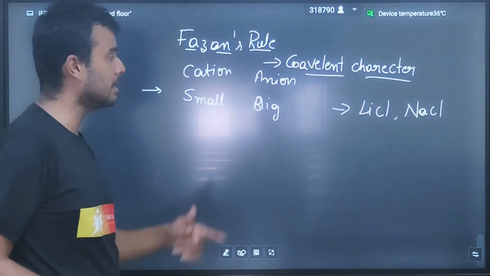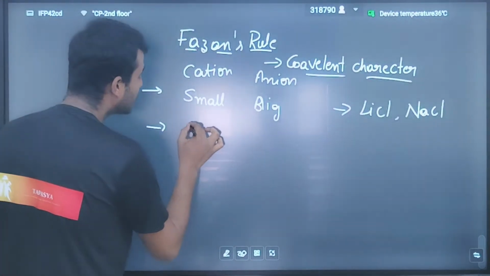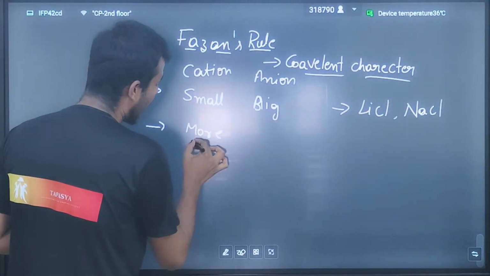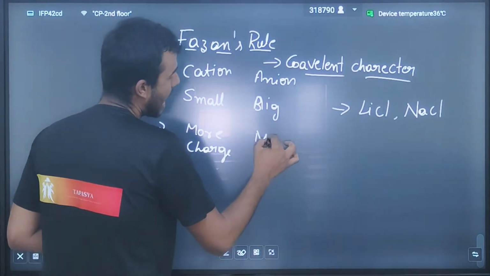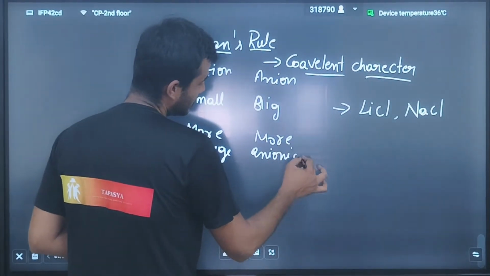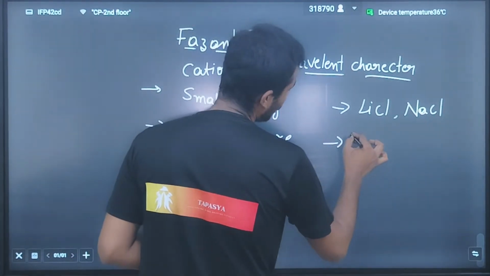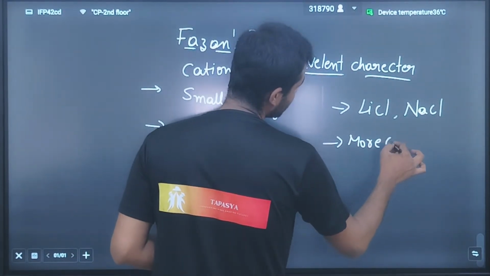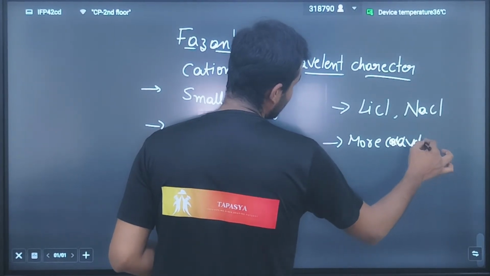Clear? Both are well known, but this is the best example. Similarly, based on charge, more cationic charge and more anionic charge give more covalent character. Which example can we give, my dear students?